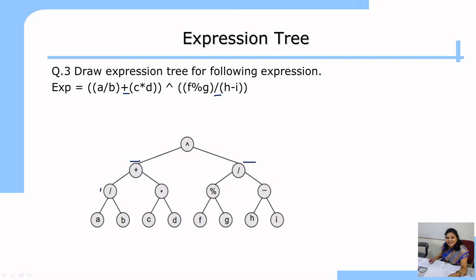So division will be the parent, a will be the left child, b will be the right child. Same, at the right side of the plus it is c into d. C will be the left child of multiplication, d will be the right child. Again same here, f modulus g, and at the right side h minus i. So this is how the expression tree is drawn.